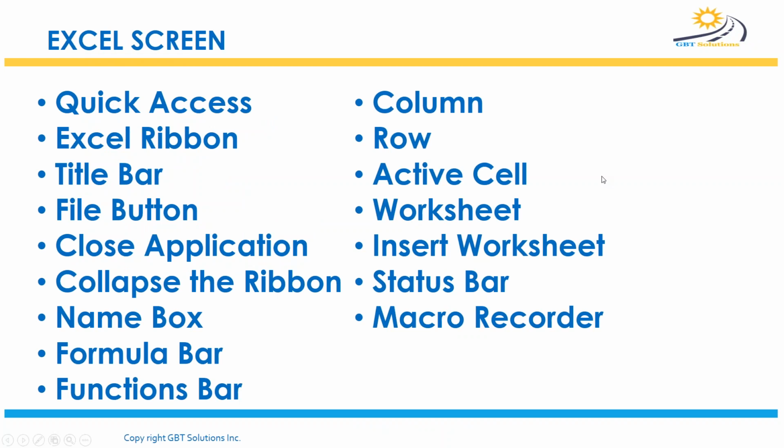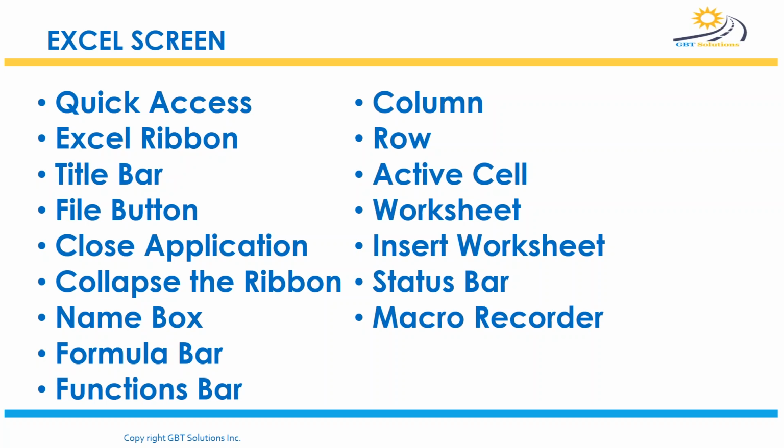Excel screen. Excel screen is just the screen window when you open the Excel workbook. You will find in the top right corner of the screen the quick access bar. Here, this contains the favorite skills command that is handy to use.